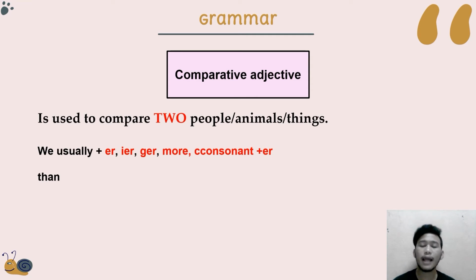It means that the lion is much scarier, lebih menakutkan daripada kucing. Okay, so when we want to use er, ier, more, or consonant plus er.